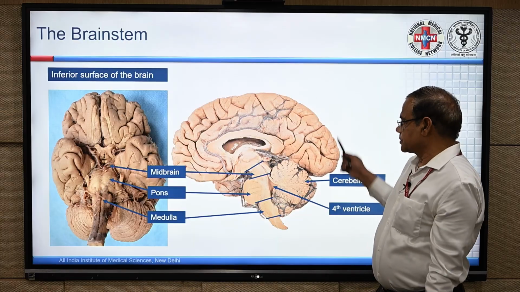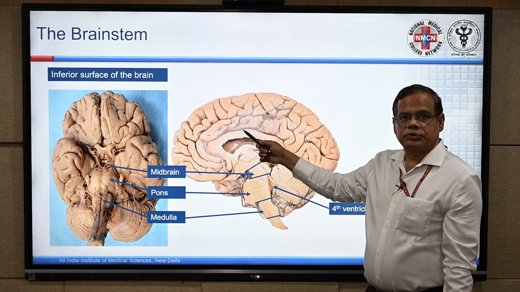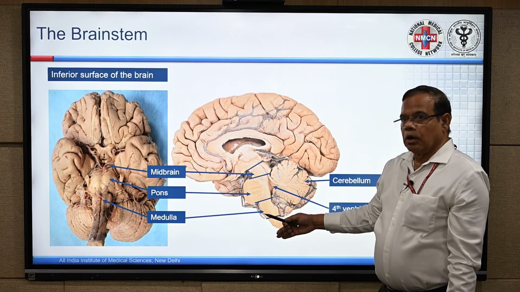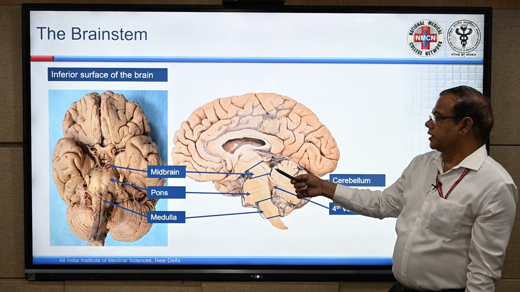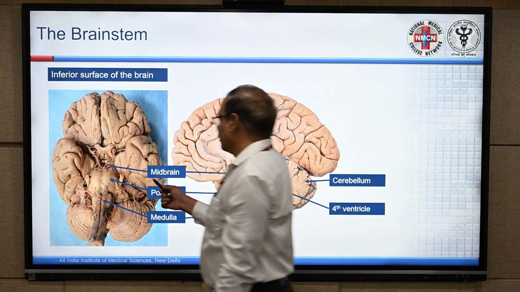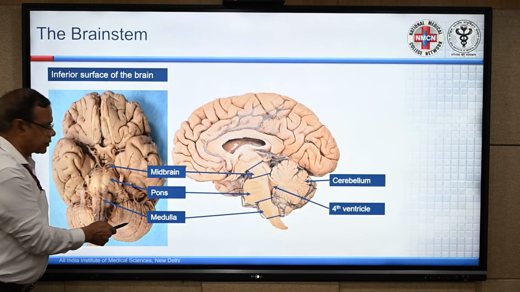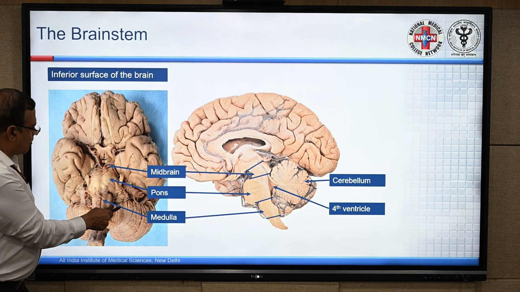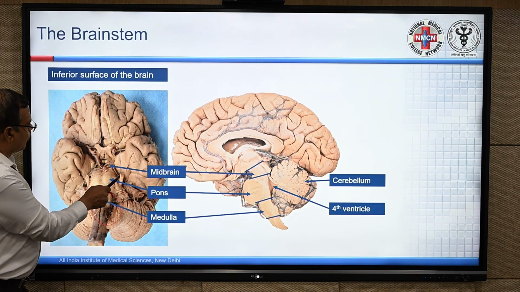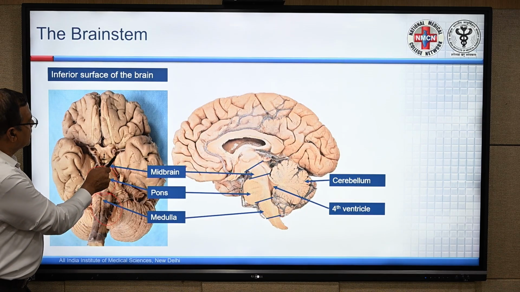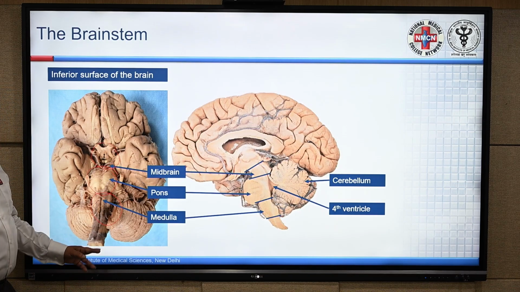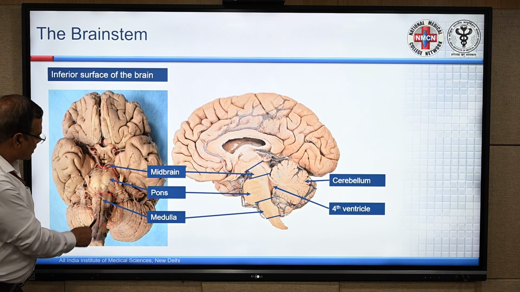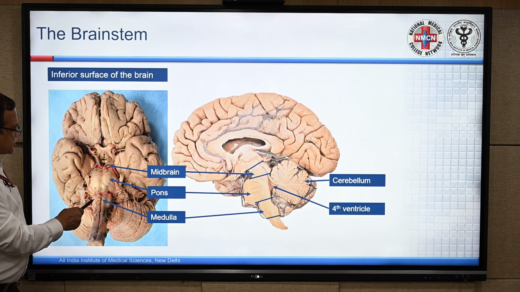Already we have discussed how the brainstem looks in the sagittal section. Let us see the ventral surface of the medulla, pons and the midbrain. In the medulla, there are certain elevations and depressions.